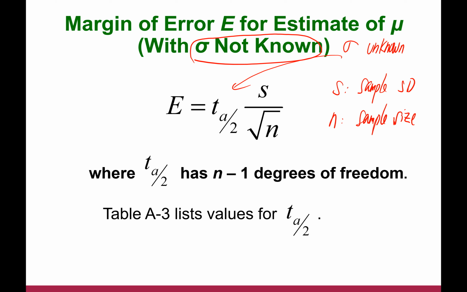The critical t value t alpha over 2 has n minus 1 degrees of freedom, and here alpha is the complement of the confidence level.